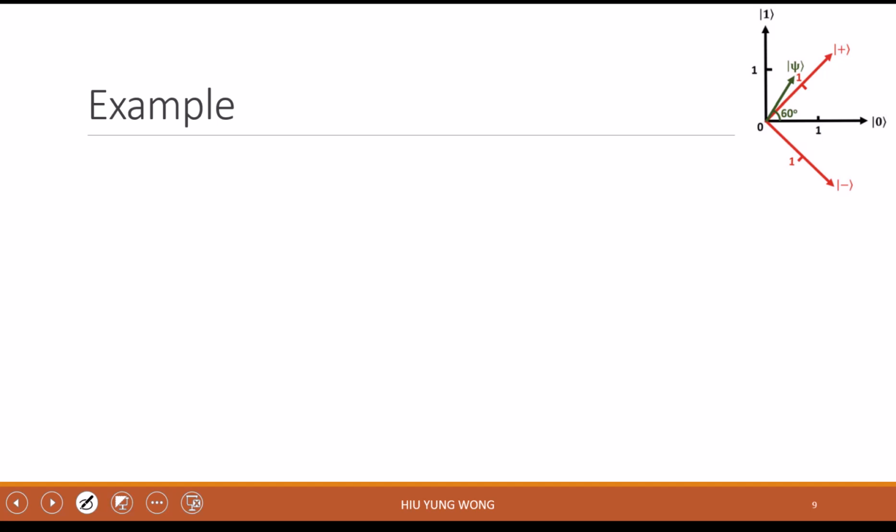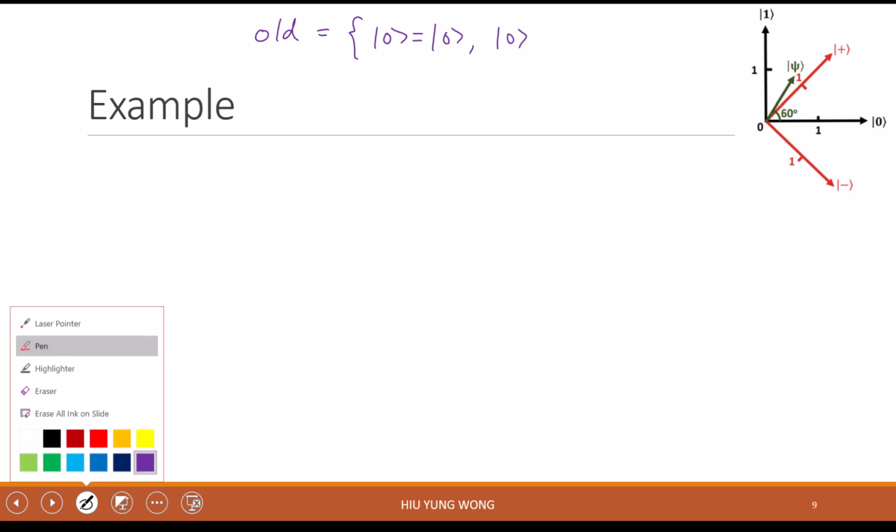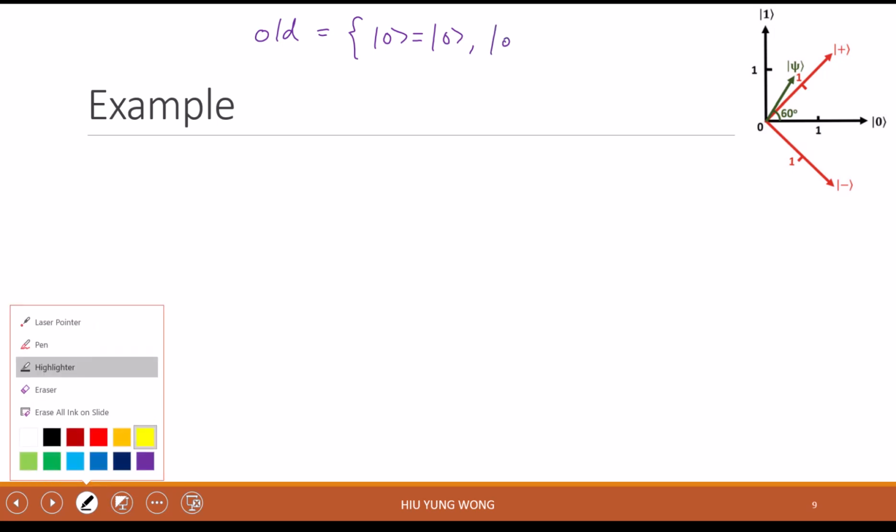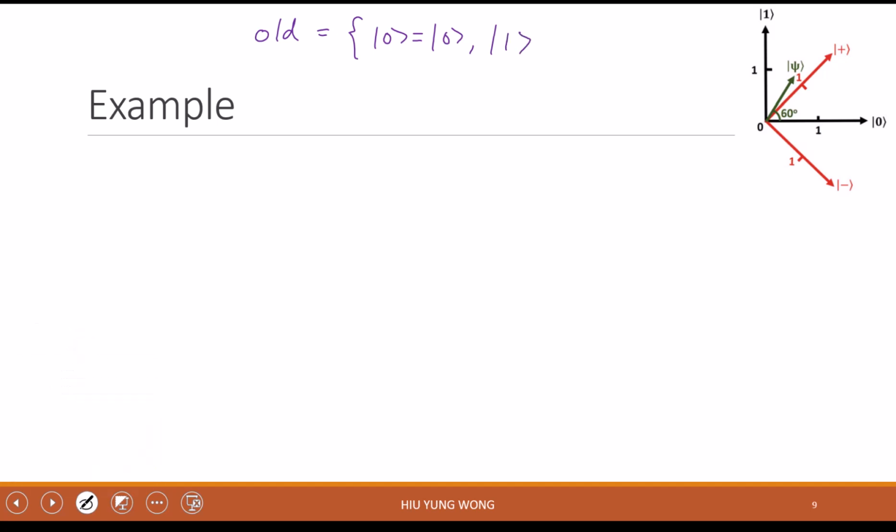So let's say now I have my old basis, because I represent the vector in the 0 basis, right? Based on what I wrote earlier, for the old basis I don't have a dash. So I call it 0 and 1, and it happened to be 0 and 1.